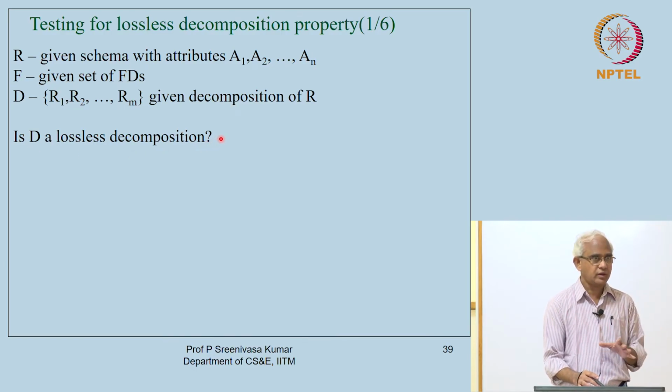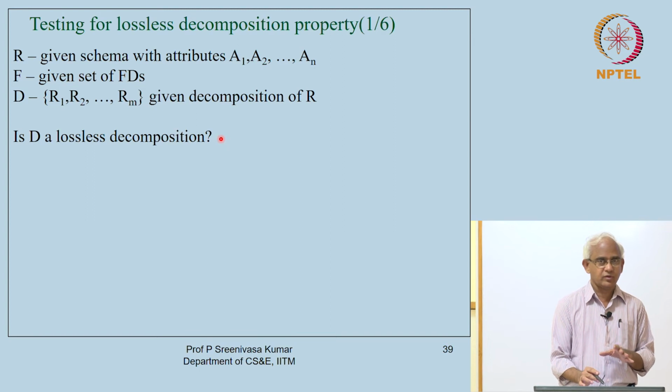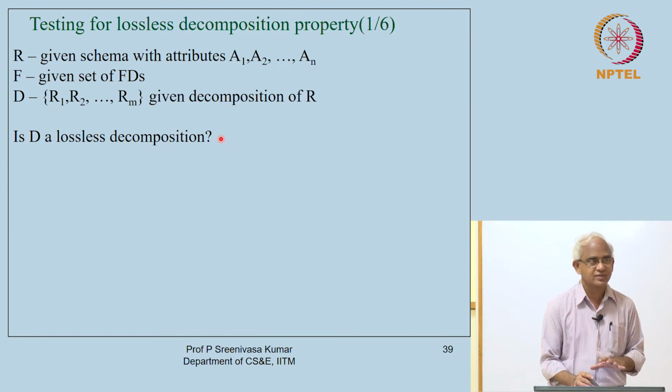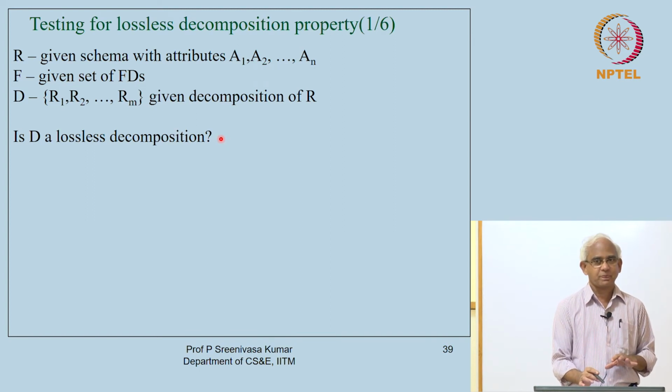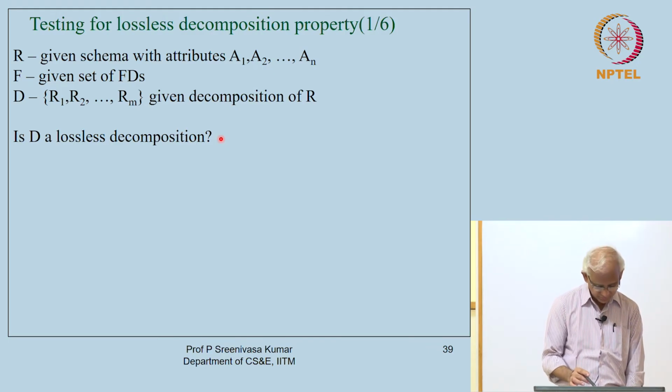Okay. So, here I am going to present an intriguing looking algorithm, but will not give you any proof for this. It is an interesting algorithm. So, let me present that algorithm.